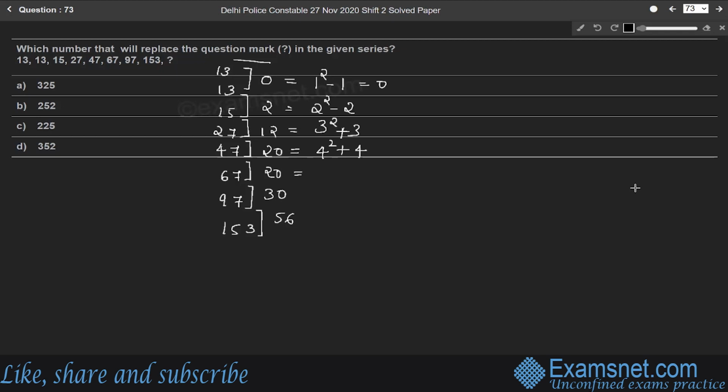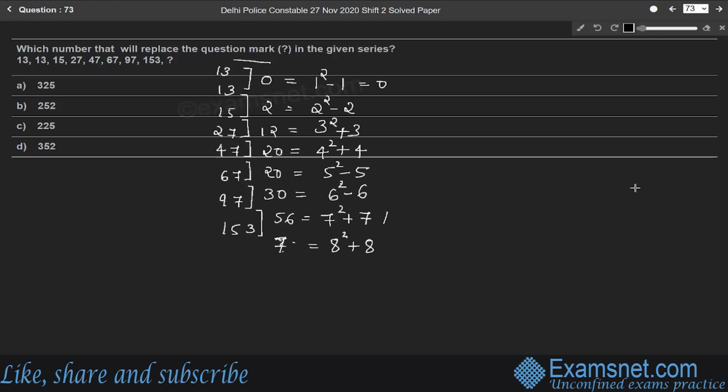Whereas the fifth difference, 20, can be written as 5 square minus 5. Again, the subtraction comes here for the next two differences. So it is 6 square minus 6, whereas 56 can be written as 7 square plus 7. So again, the addition part comes. So for the next difference, it must be 8 square plus 8, which is equal to 8 into 8, 64 plus 8.